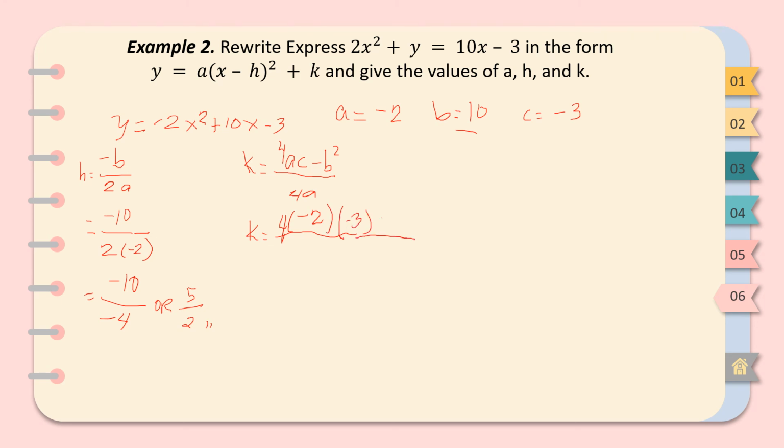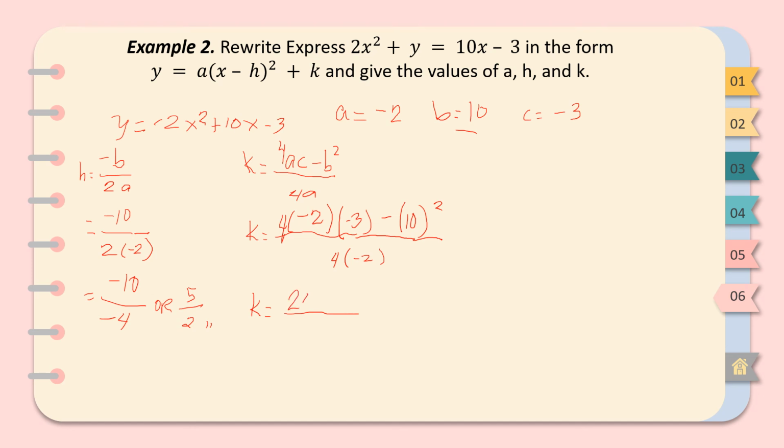Tapos po ang B natin minus quantity 10 squared. Divided by 4 times negative 2. Then K now simplify is equal to 4 times 2, that is 8. 8 times 3, that is 24.